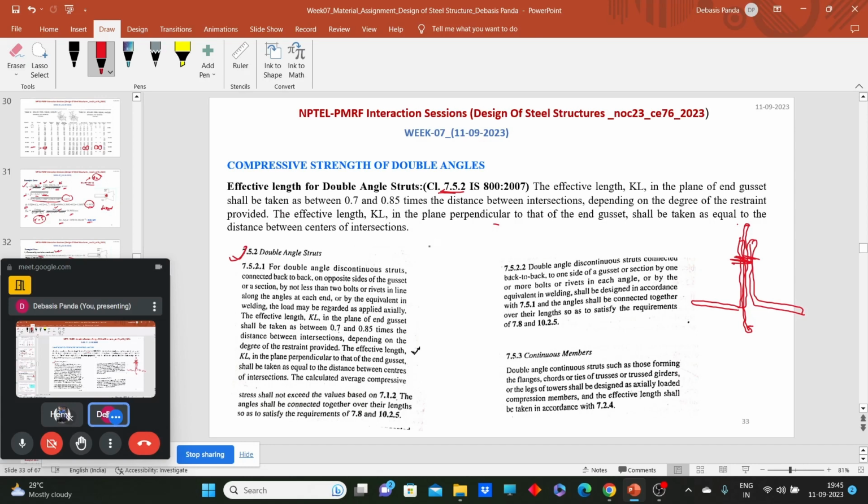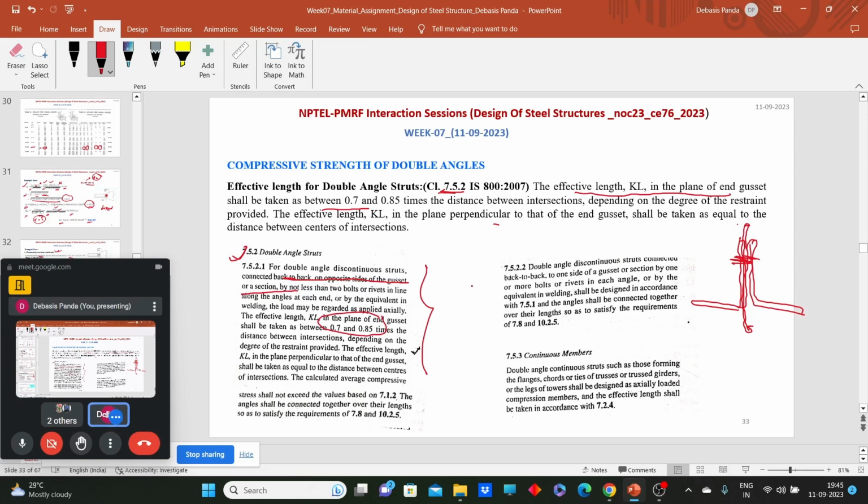So what should be the case for double angle struts? What this clause says is that the effective length in the plane of end gusset shall be taken as follows. That means if the double angle sections are placed back to back on the opposite side of the gusset of the section, then for this case the effective length should be taken as 0.7 to 0.85 times the length.